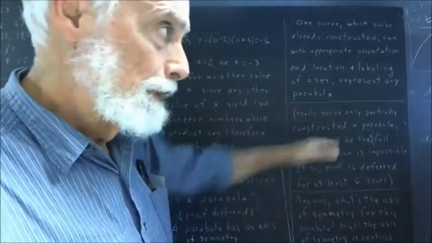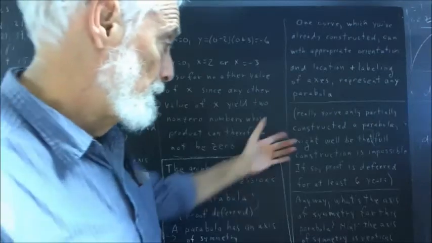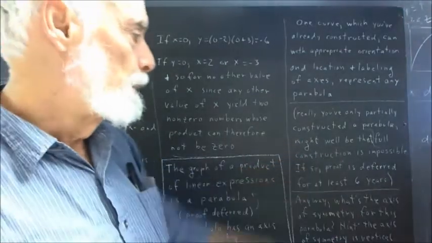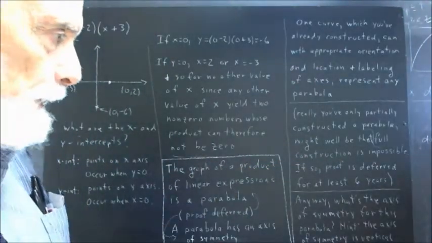So we aren't going to worry about that proof. We're not going to attempt to prove that. But it's kind of interesting to know that it might be impossible to do a full construction with compass and straight edge.